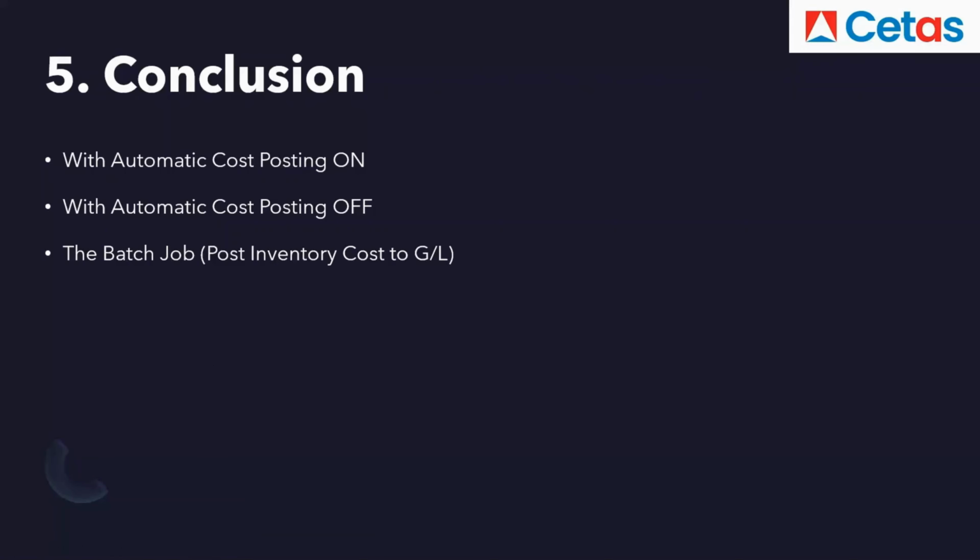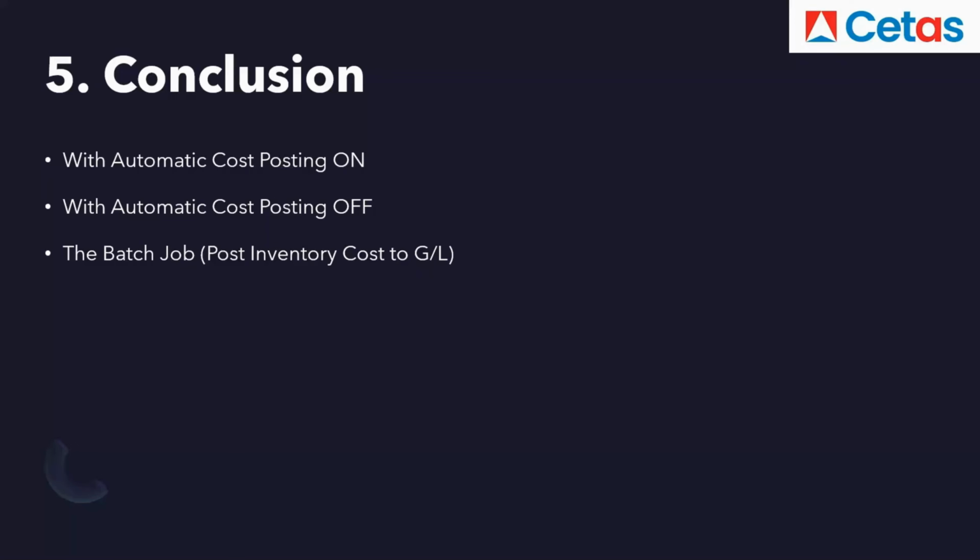Automatic cost posting controls when the inventory costs hit the general ledger. With the automatic cost posting switched on, costs post instantly and you get real-time accuracy, but it can impact performance in busy environments. With the automatic cost posting turned off, the system runs faster and avoids GL locking.